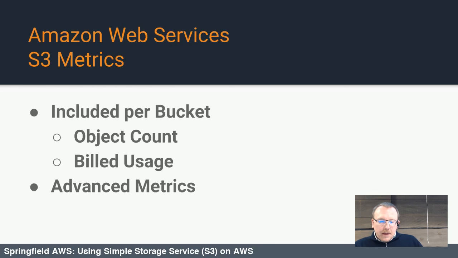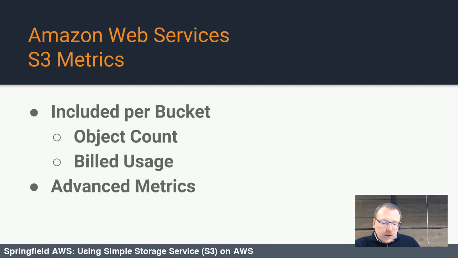All right, back on track. S3 metrics. I'm leading with this just because we talked about this last month in our monitoring AWS resources, so I'm not going to cover it very heavily, but I want to emphasize when you set up the S3 service, they include the ability to see how many objects are in your bucket.